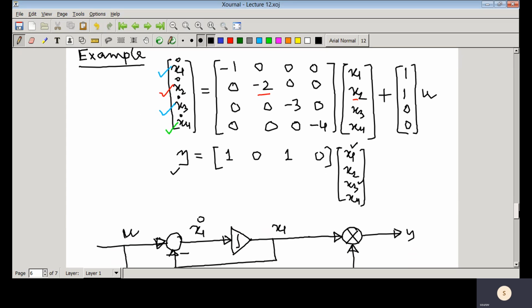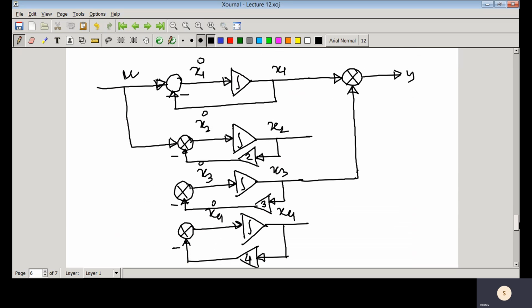Here you can see this is the input and this is the output. In the output only x1 and x3 are reflected, but x2 and x4 are not reflected there. And if you look at this particular state, it is just isolated.